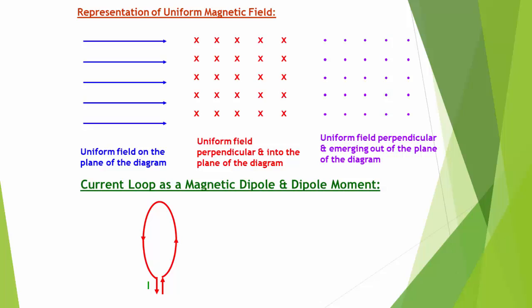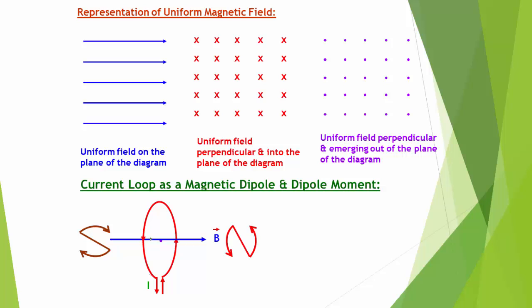This is the loop, the current loop. This is the center of that coil, and here this is the magnetic field, and the current is flowing in this ampere loop along the clockwise direction and anti-clockwise direction, but the magnetic field is produced in this direction.